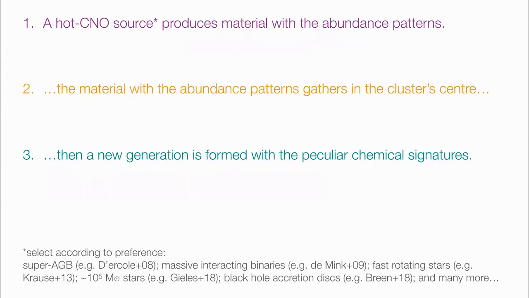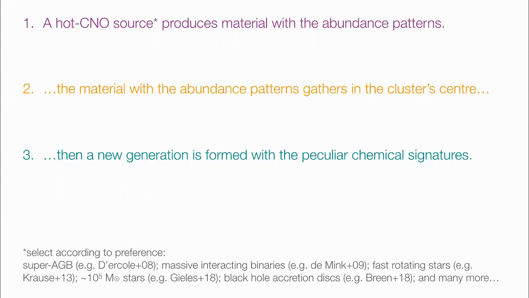And the main difference between the models is the source of the material produced in the hot CNO, okay? There are different ideas that have been proposed to explain this. But basically, there are massive stars that are the ones that can burn this in their interiors.